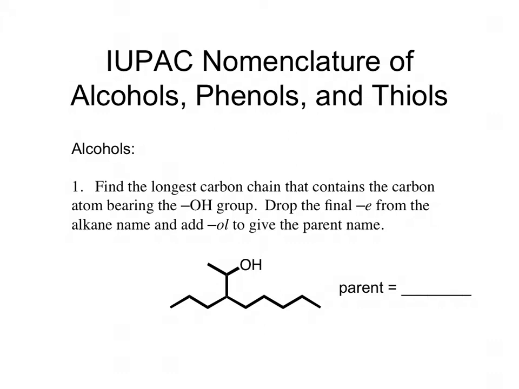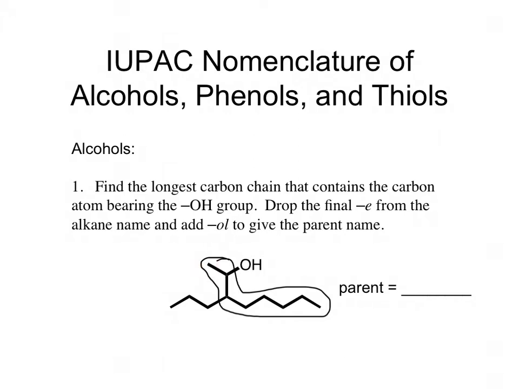Then you're going to have to name the parent, and that's just based on the number of carbons. So looking at this particular molecule, I see that my longest chain is going to be, let's see if I can successfully circle it, there we go, right there. And that contains the carbon that has the OH group. You can see it right there. Okay, so now as far as the number of carbons go, I think that it is 8.